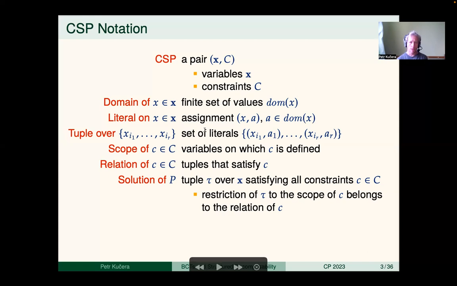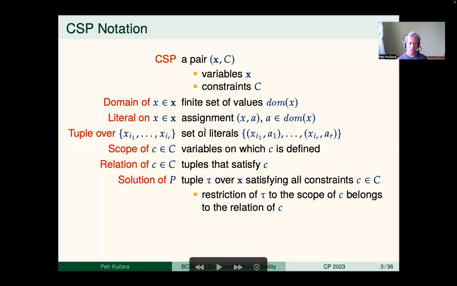Each constraint is defined by its scope and a relation. A scope is a set of variables on which the constraint C is defined. And the relation of C is the set of tuples that satisfy the constraint, and they are the tuples on all the variables from the scope.